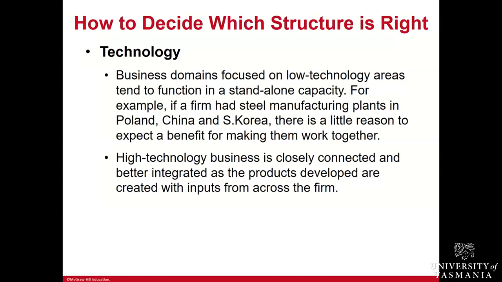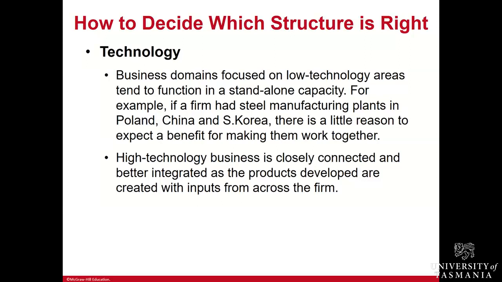And high technology business is closely connected and better integrated, as the products developed are created with inputs from across the world. This is saying how technology is shared by the subsidiary company, by the branch unit, by the strategic business unit. That's why it says high technology business is closely connected, and it is better to keep them integrated as the products developed are created with inputs across the firm.